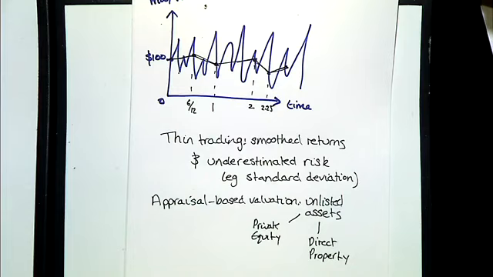What they tend to do is they get the valuer to look at 25% of their properties at the end of March. They'll look at another 25% at the end of June, another 25% at the end of September and another 25% at the end of December. Come March the next year, they will revalue the properties they valued in March of the previous year. So that means that each one piece of property is only actually valued once a year.